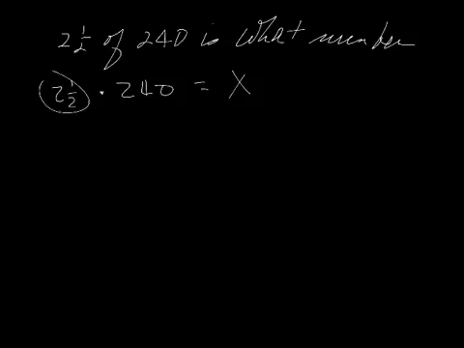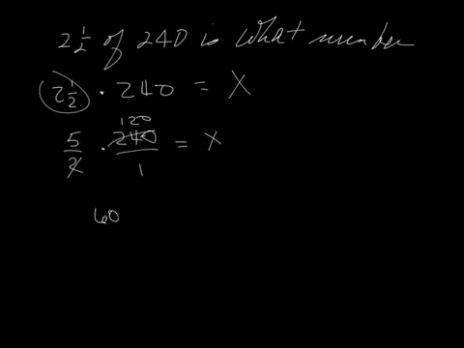So we're going to change that to an improper fraction. You always change it to an improper fraction first. Mixed numbers are kind of a pain to work with. And we'll make that into a fraction too, so that we're multiplying the 5 times the 240, which I've got a 2 here, and this is an even number, so I know 2 goes into it 120 times, so that reduces it right there. 5 times 120 is 600.